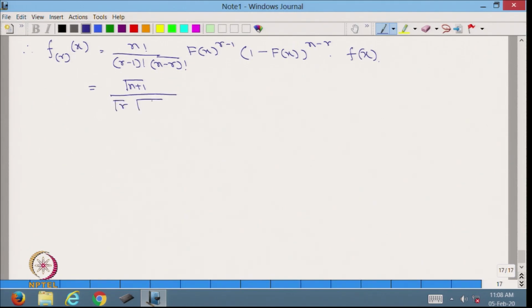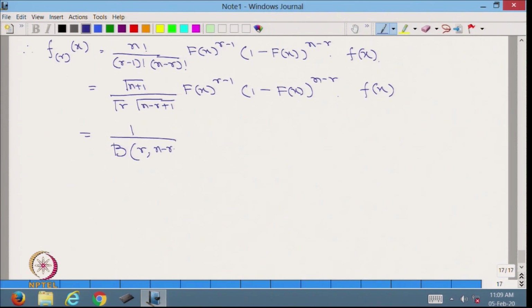Gamma r, gamma n minus r plus 1, F(x) to the power r minus 1, 1 minus F(x) to the power n minus r into f(x) is equal to 1 upon beta of r comma n minus r plus 1 into F(x) to the power r minus 1, 1 minus F(x) to the power n minus r into small f(x).